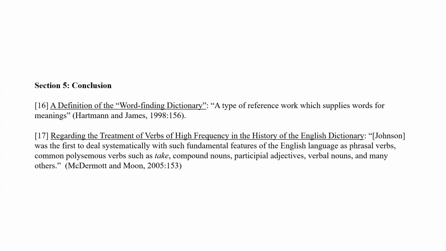And as far as I can judge, this is the type of practice which is usually thought by authorities to have begun with Johnson in the latter half of the 18th century. The opinion by McDermott and Rosamund Moon, which is quoted on the slide with reference number 17, seems to reflect this situation.